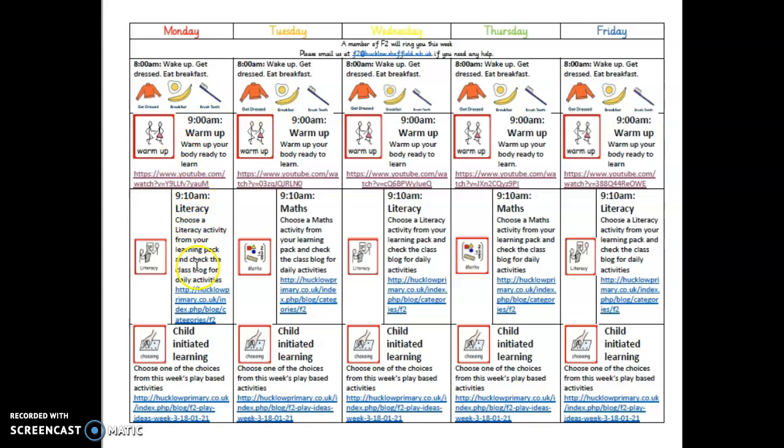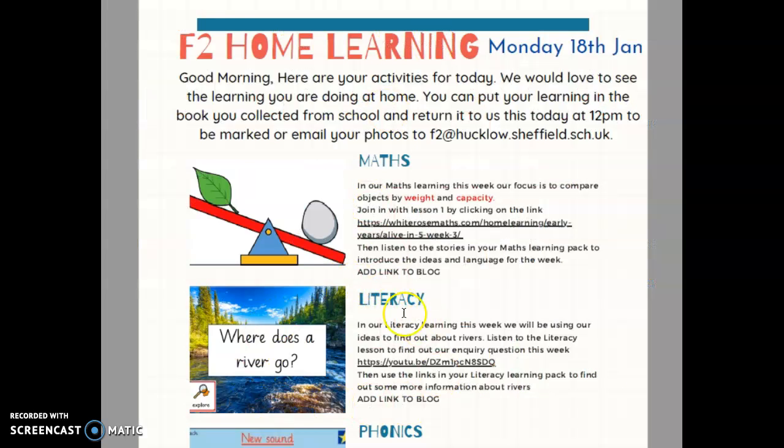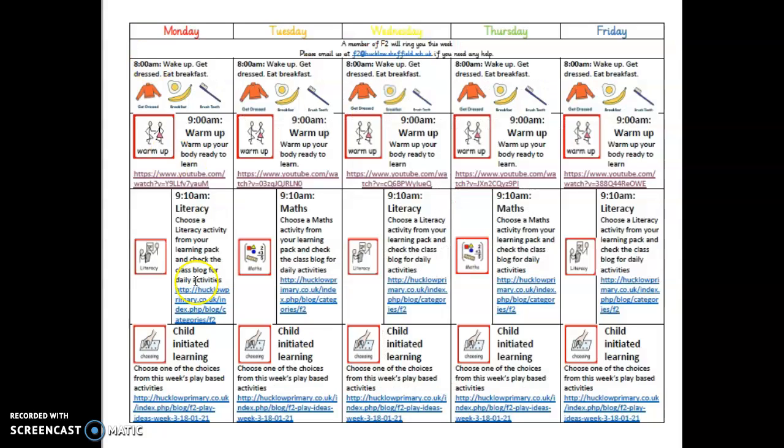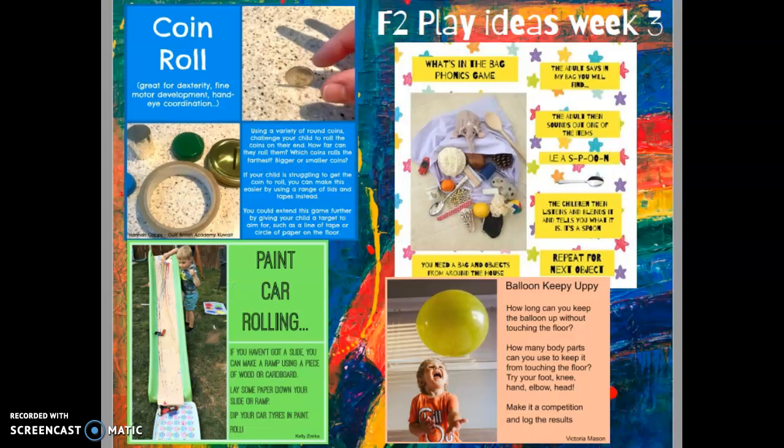So after you've done your literacy, and you've had a look at our literacy learning by following this link, it's time for child initiated learning. This is where your child will choose their learning using our play ideas.